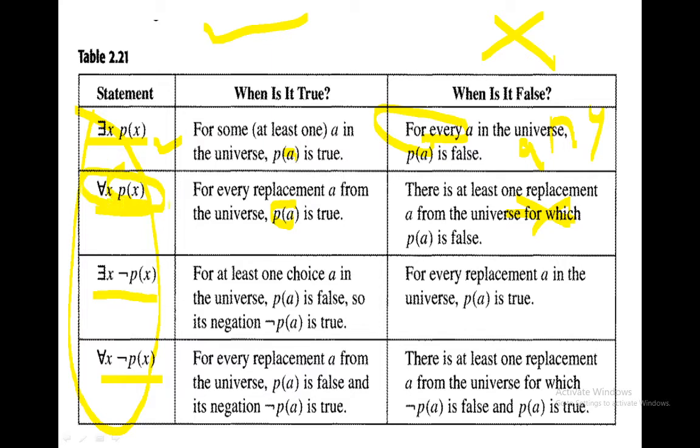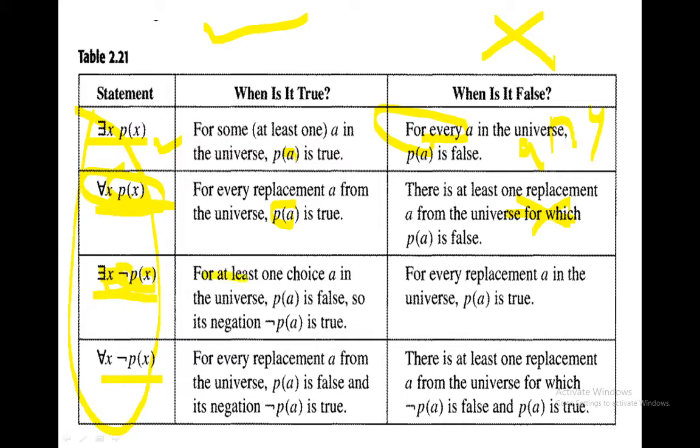Okay, similarly with respect to the negation of the same p of x, for some x, negation of p of x is true. If it is true, it means there must be at least one x value such that negation of p of x is going to be true.